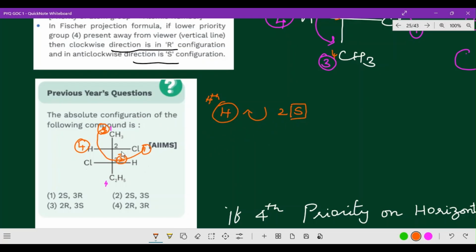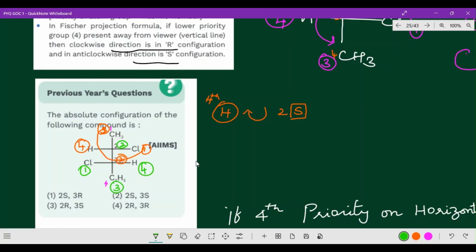The next carbon is the third carbon. In the same way, we prioritize: the higher priority goes here, that is the first one, then CHCl is the second one, then C2H5 is the third one, and this is the last one.